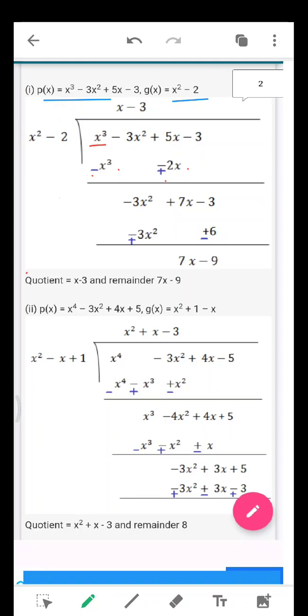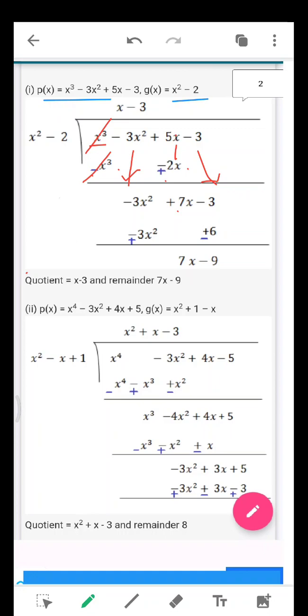So x cube minus x cube gets cancelled, remains 3x square minus 3x square. 5 plus 2 gives you 7, and this minus 3 comes as it is.